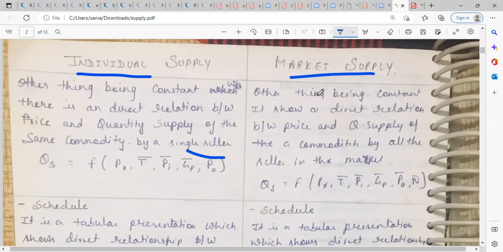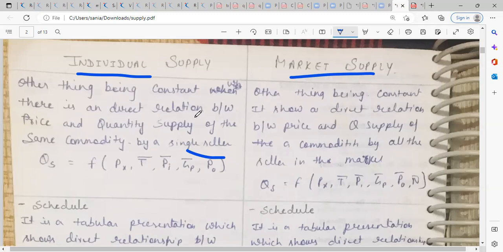Here, other things being constant, it shows a direct relationship between price and quantity supplied of a commodity by all the sellers in the market. So market supply is basically you are not supplying only one product; you are representing the whole community.